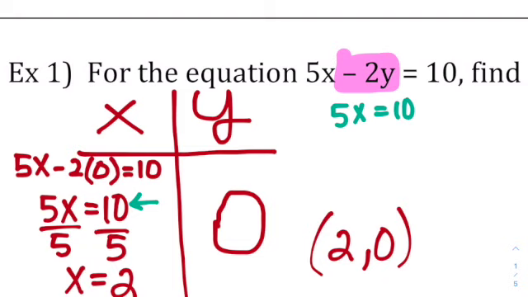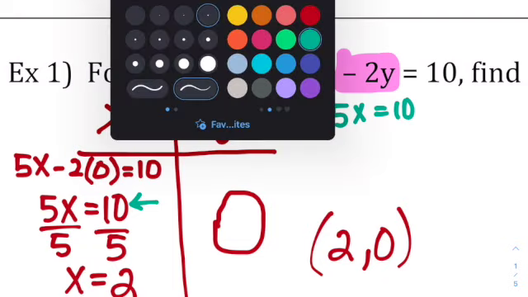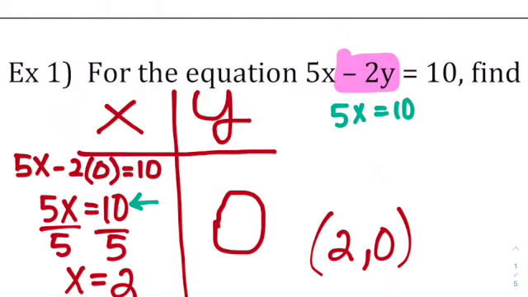And if I'm solving for y, x equals 0. That means this is gone.